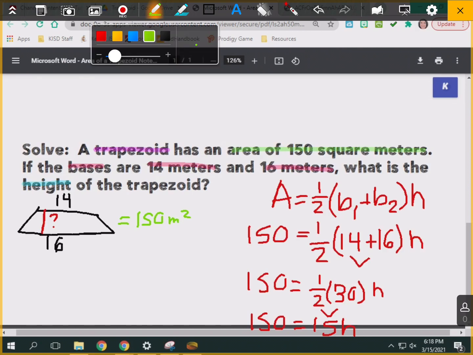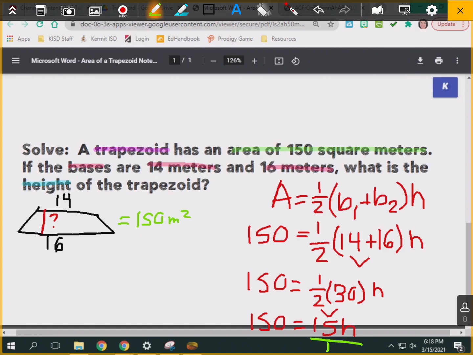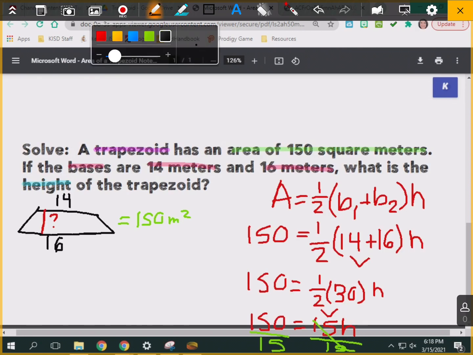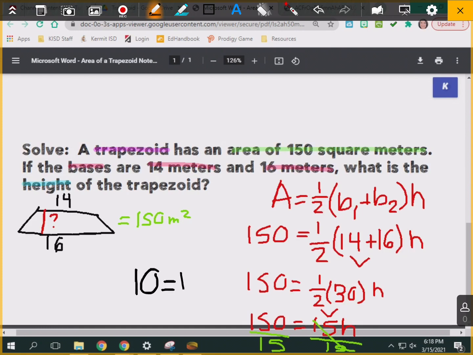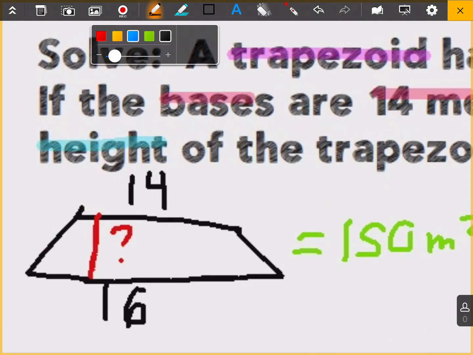That would be to divide by 15. The reason why is because I need to get that h all by itself. So if I do 150 divided by 15, that would give me the answer of 10 as h. So what that means is that it's 10 meters as the height for the trapezoid.